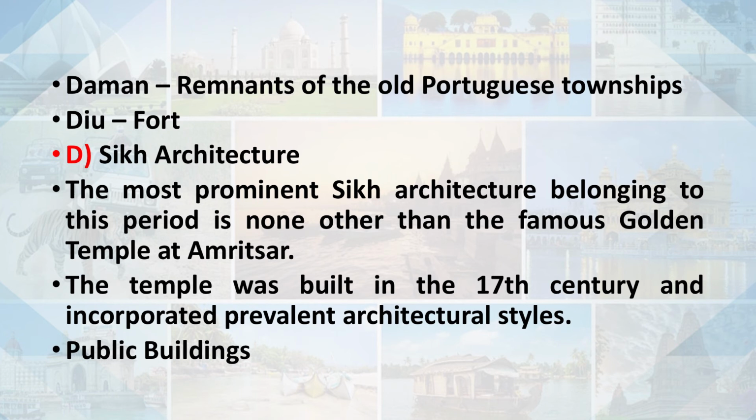Sikh architecture. The most prominent Sikh architecture belonging to this period is none other than the famous Golden Temple at Amritsar. The temple was built in 17th century and incorporated prevalent architectural styles.